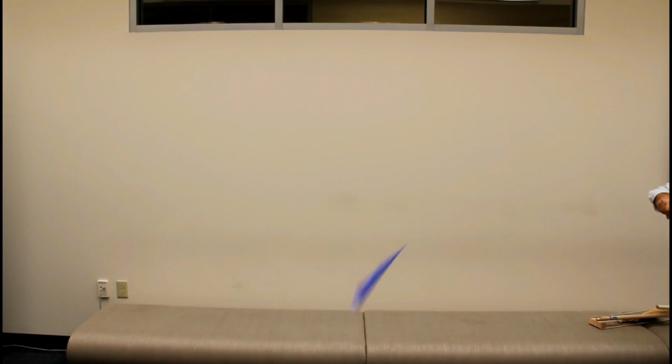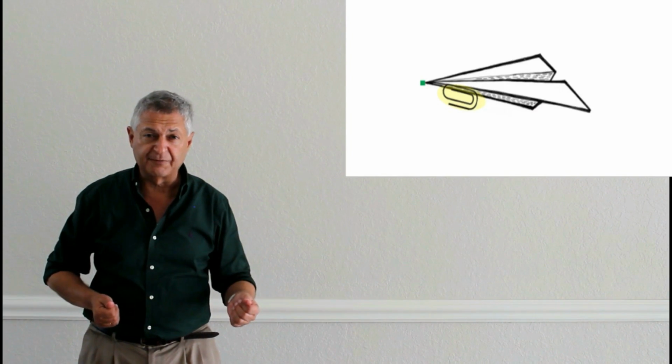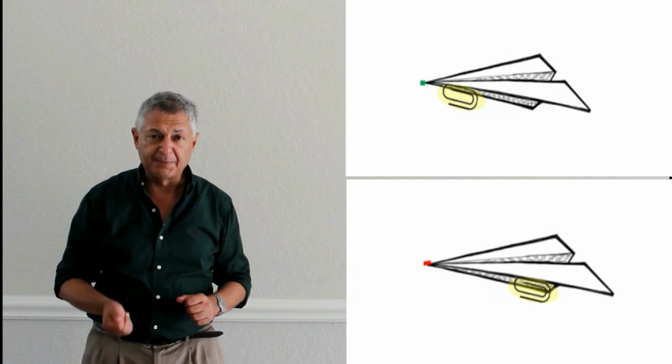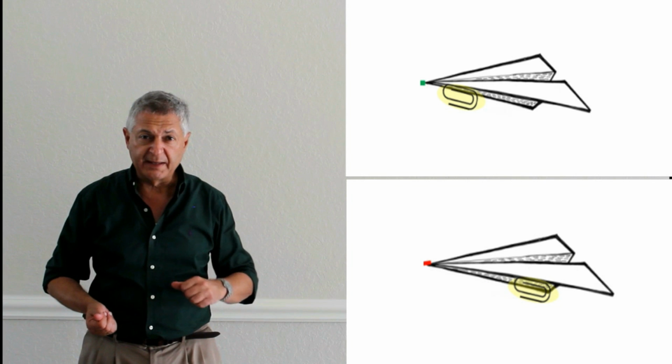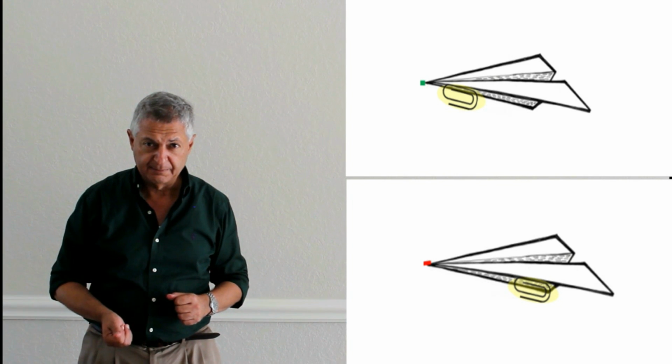As you can tell, when we fly it, the paper airplane cannot really fly forward very nicely, and it's basically unstable. So we saw two different airplanes, one stable that has the paper clips in the front, and the other one unstable that has the paper clips in the back. One is stable, the other one is unstable.